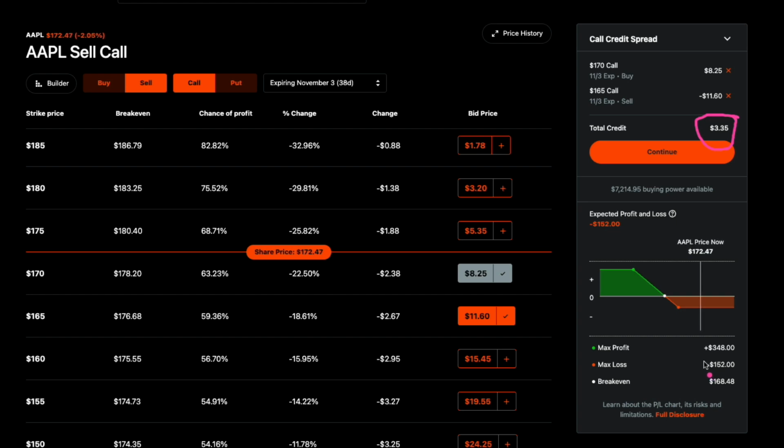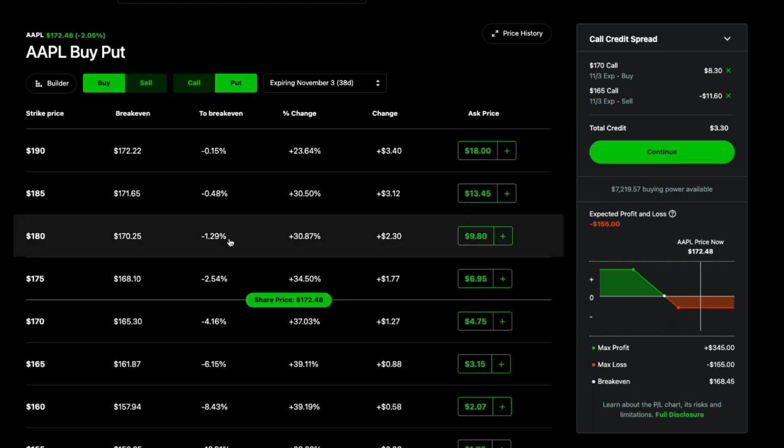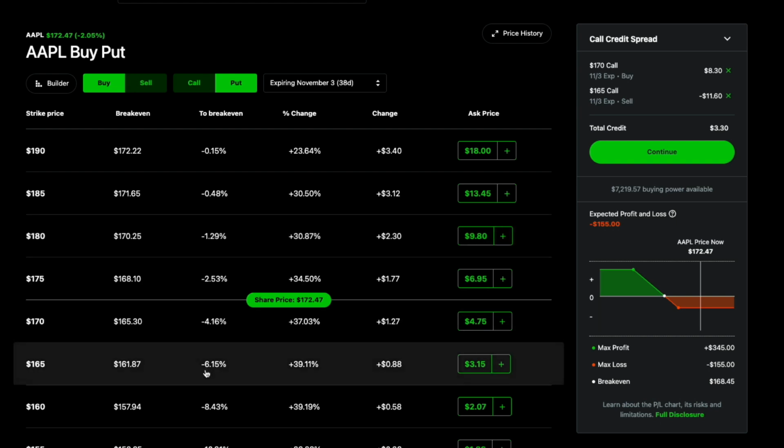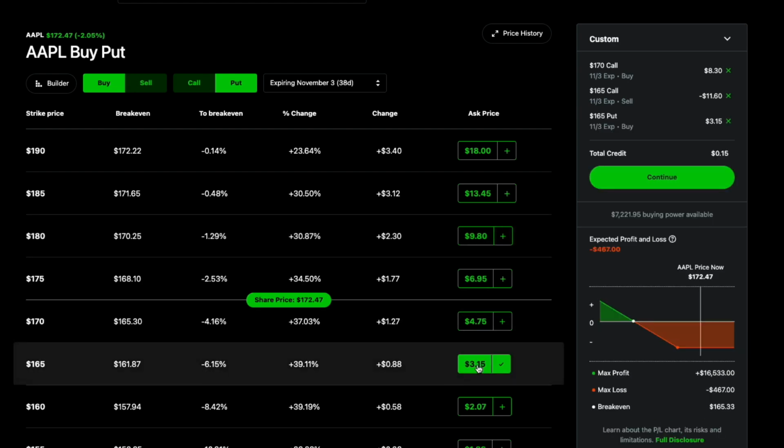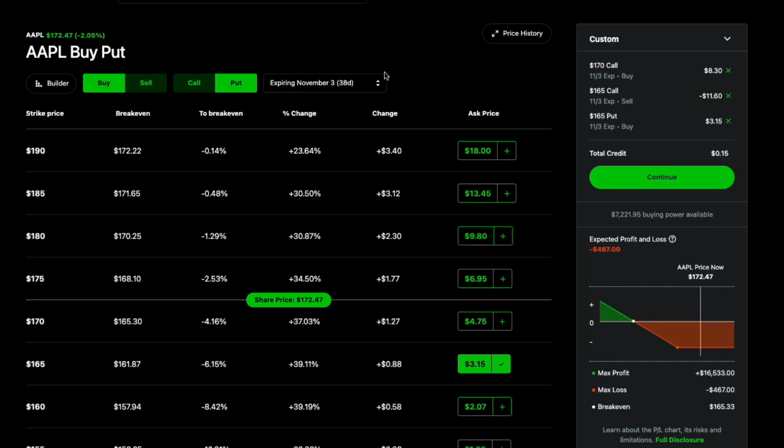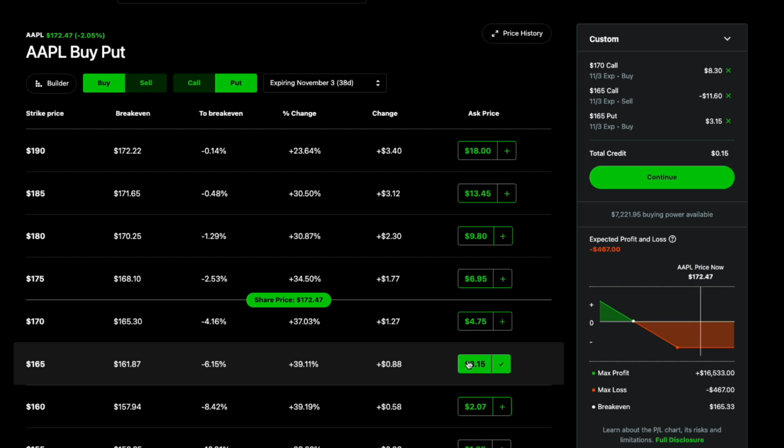So how do I improve that? That's where one tweak to this particular strategy comes in. You are going to buy a put. You just add one extra leg to this. You buy a put at 165 itself, same expiration, everything remains the same.